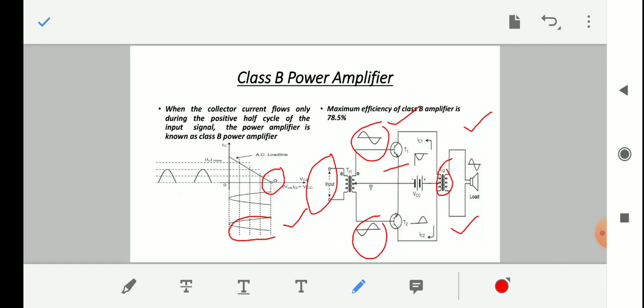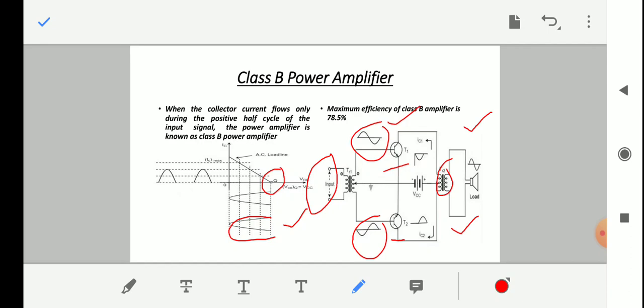When a positive voltage is applied at the base of a transistor, T1 will be in active region, and when the negative signal is applied at the base of T2, the T2 transistor will be in cutoff state. So T1 will conduct and T2 will be off, and the current IC1 is received at the primary winding of TR2.